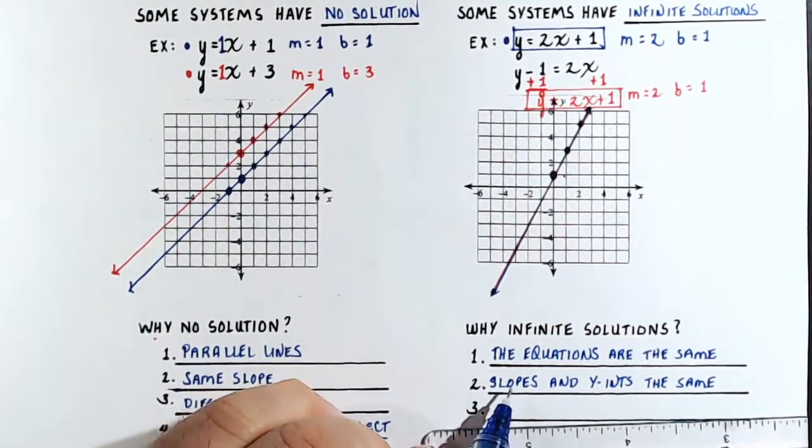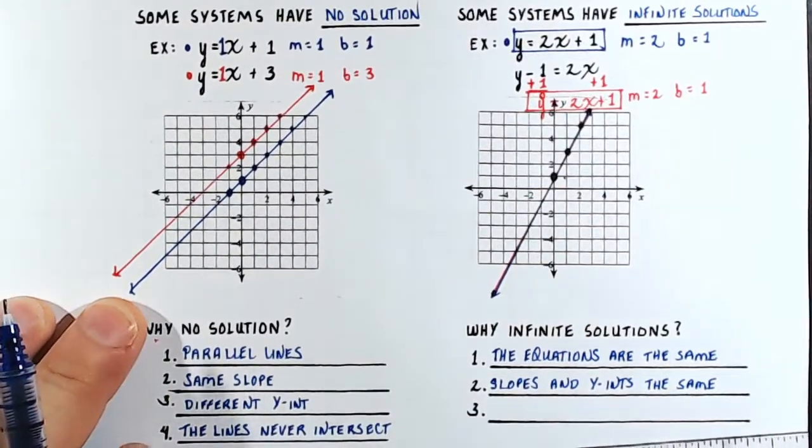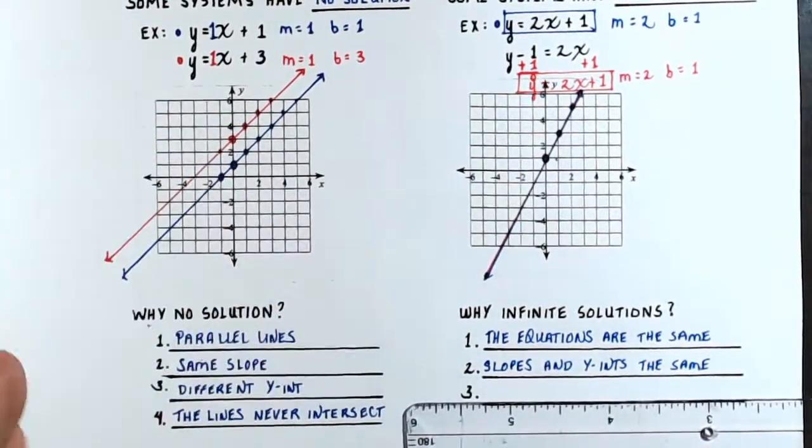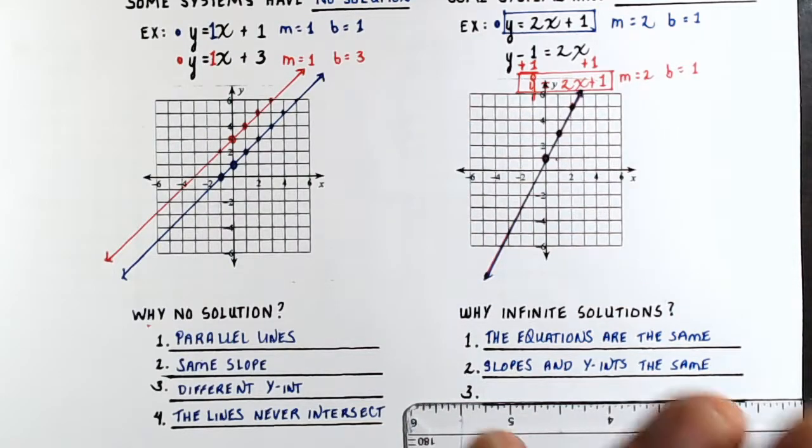So we have the same slopes and the same y-intercepts. Because the lines are identical, when we graph them, they're sitting right on top of each other.